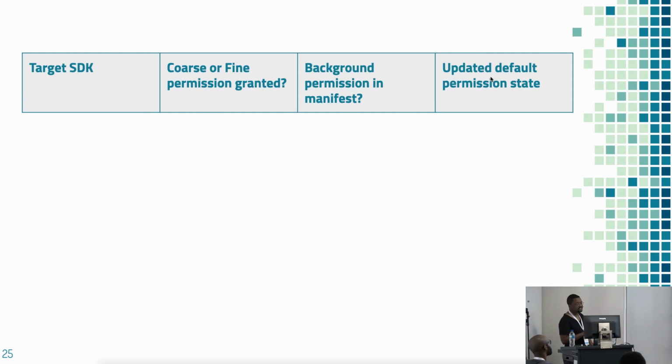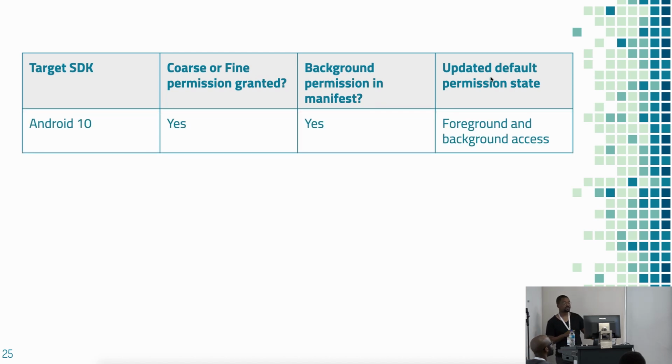And this is an illustration of the different criteria that you need to fulfill. For Android 10, if your app is targeting Android 10, and you have the coarse or fine permission granted in your manifest, and you have the background permission in your manifest as well, the default permission state will be that you get both foreground and background access to location.